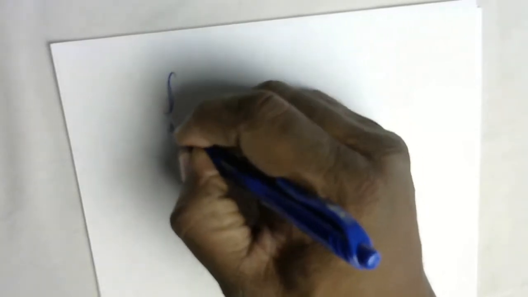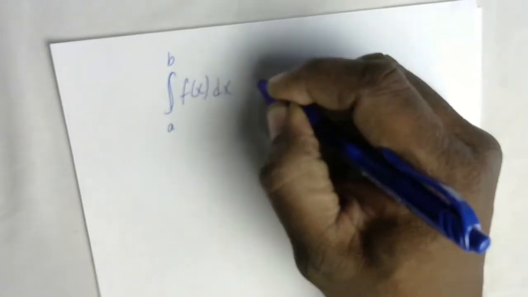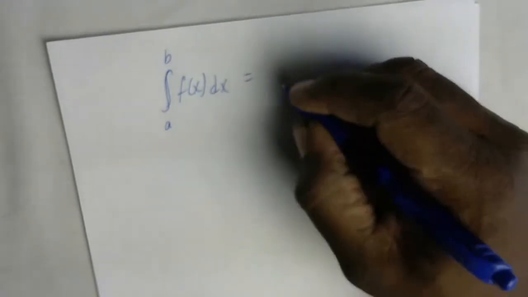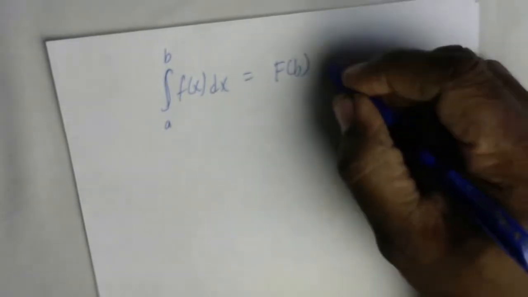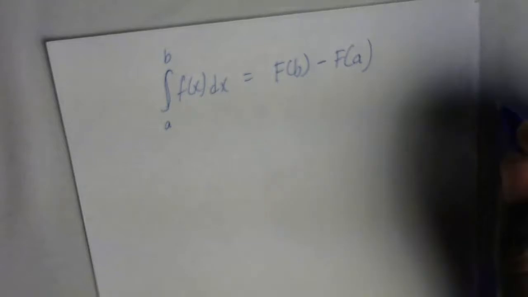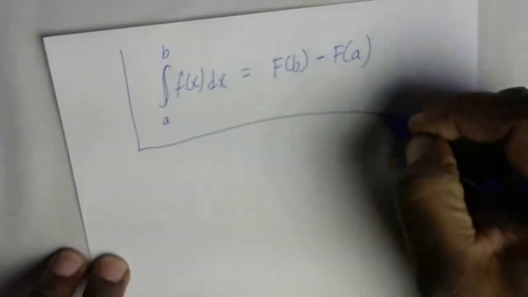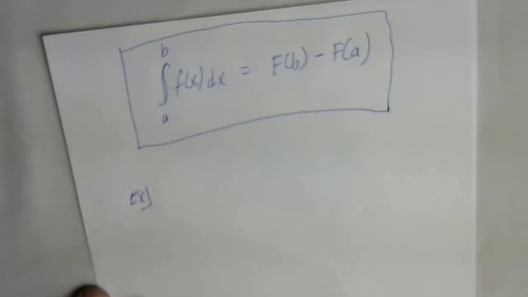All right, so the fundamental theorem of calculus part 2 says that the integral from A to B of f of x dx is equal to the integrated function evaluated at B minus the integrated function evaluated at A. All right, so here's an example.